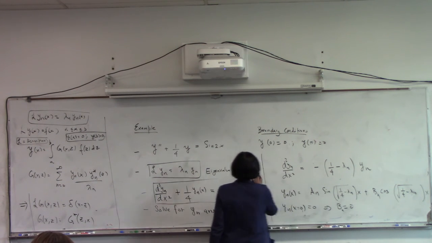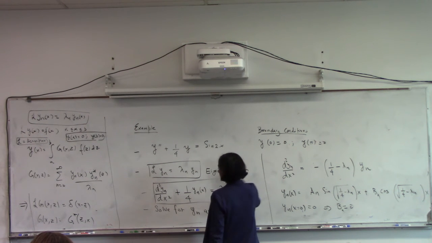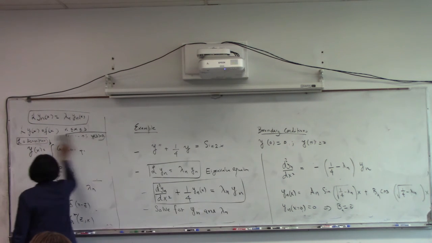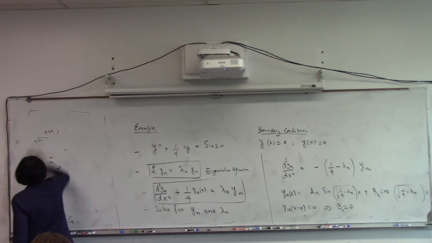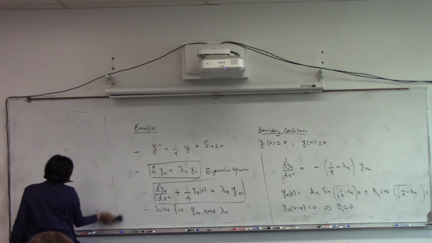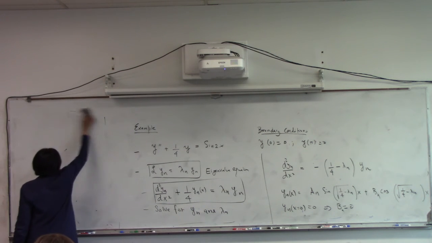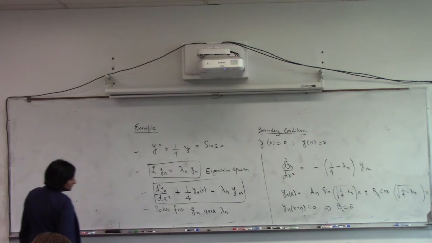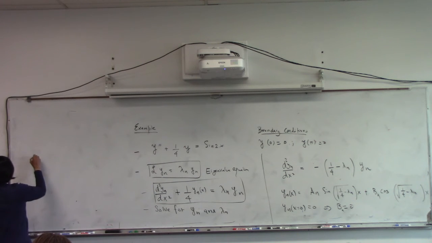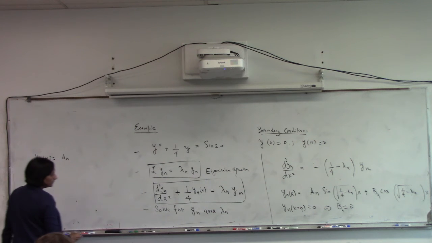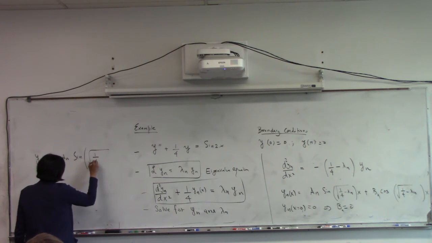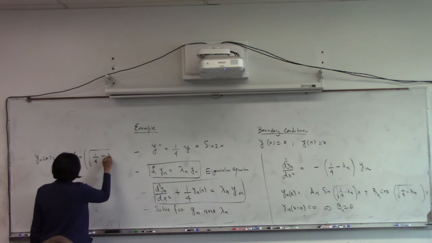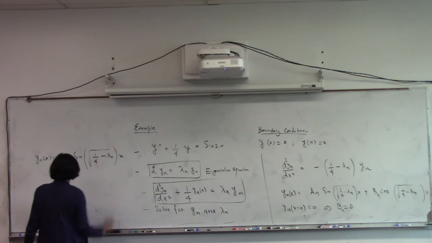Since B n is 0, y sub n of x is A sub n times sine of the square root of 1/4 minus lambda n, times x.